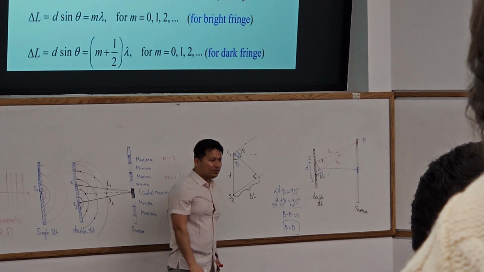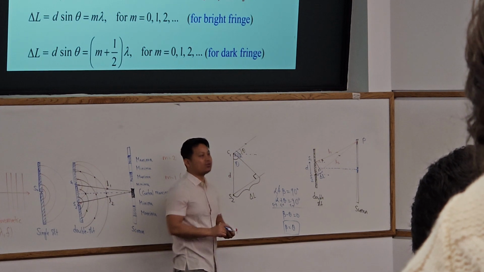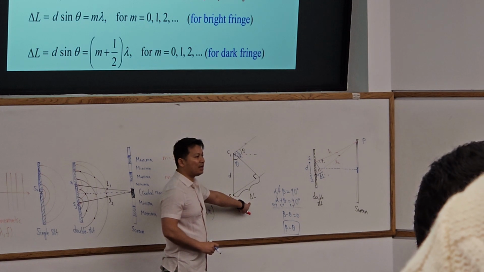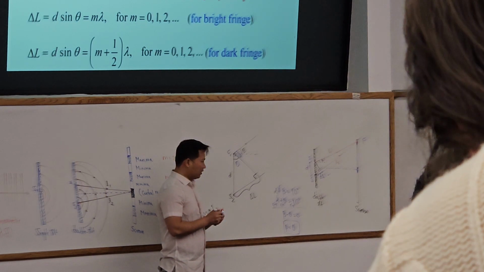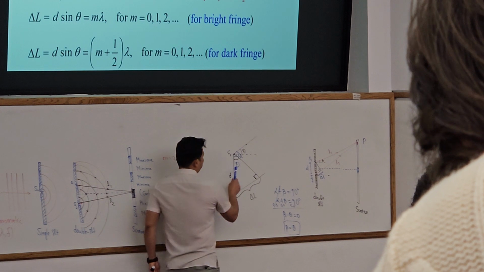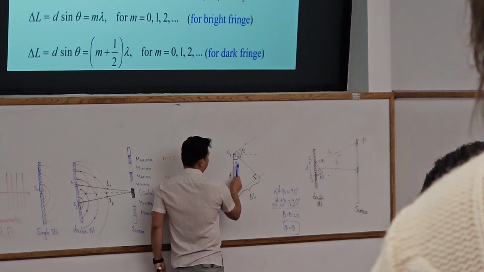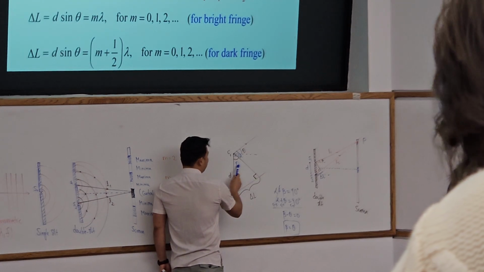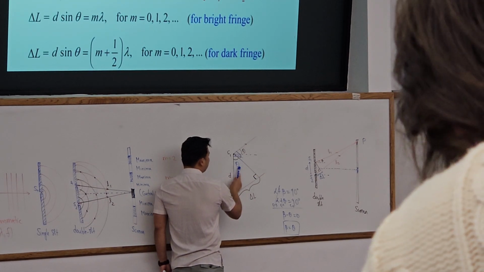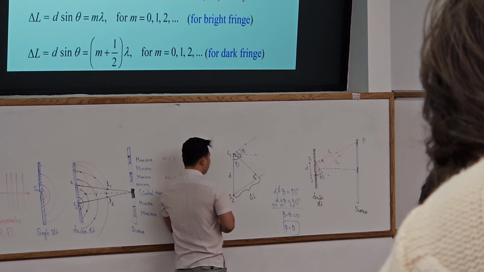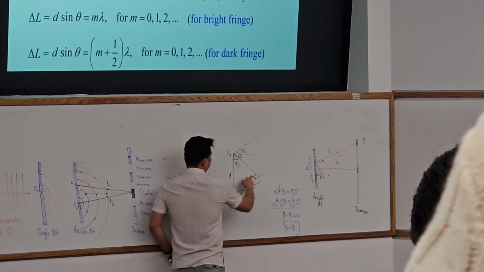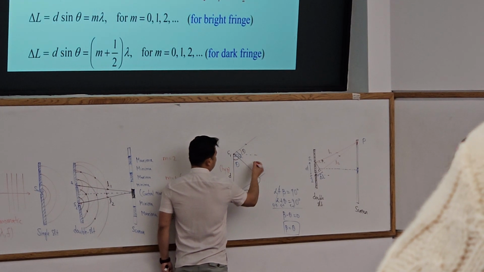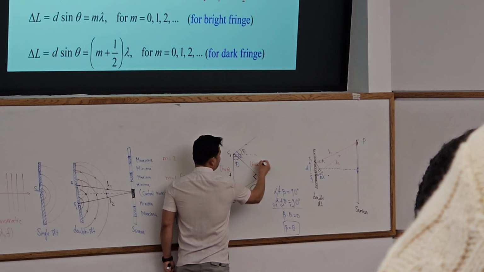Now you need to use a trigonometric function, either sine, cosine or tangent, to find this delta L. The side opposite the 90 degree angle is the hypotenuse.